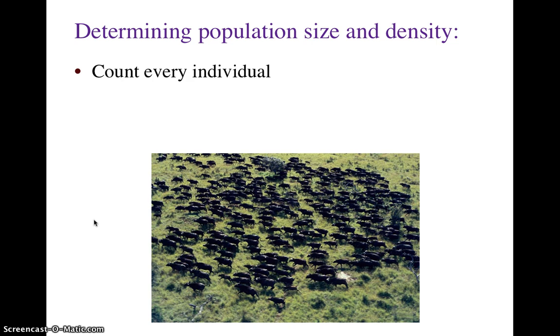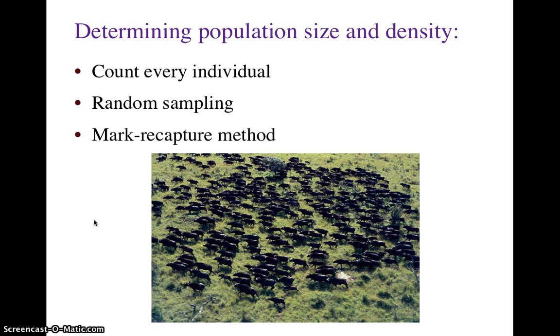So this is how we generally determine the population size and density. You could either count literally everything, marking every single individual within the area, or you can do random sampling. So you mark off a tiny area out of this entire place, count how many are there, and multiply.